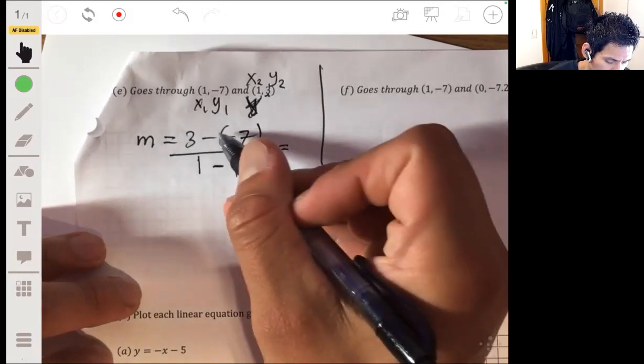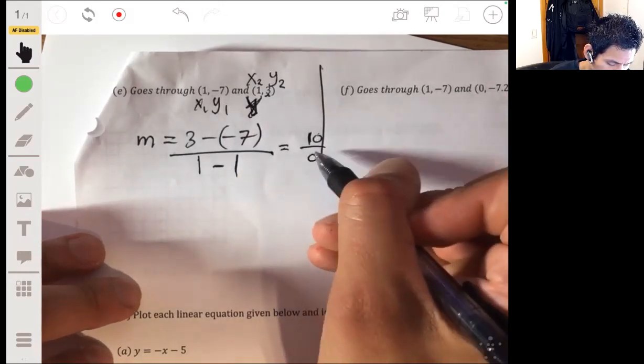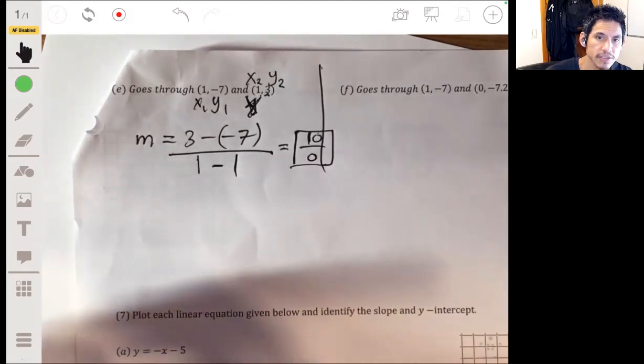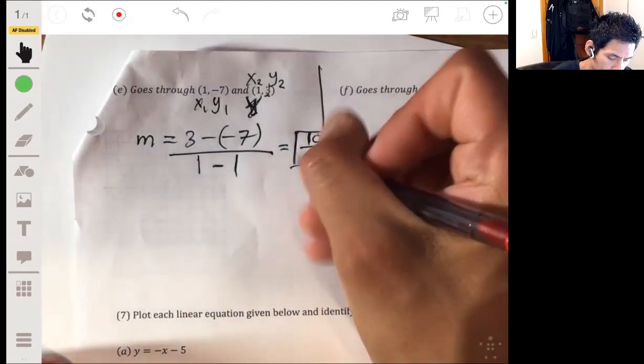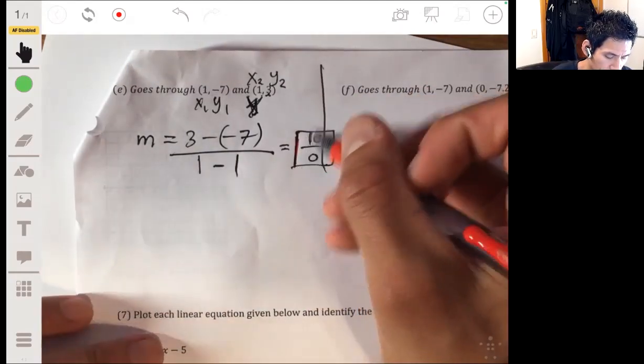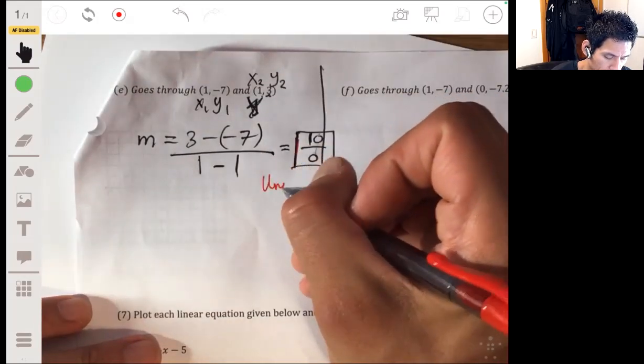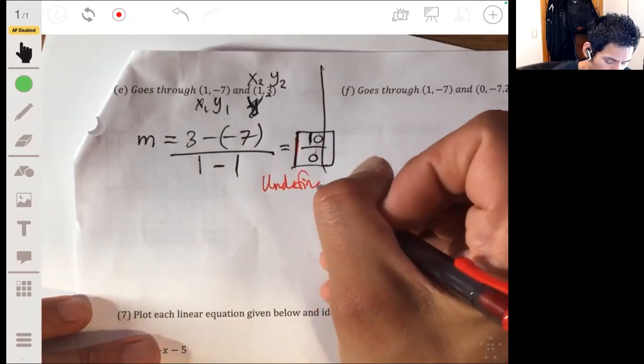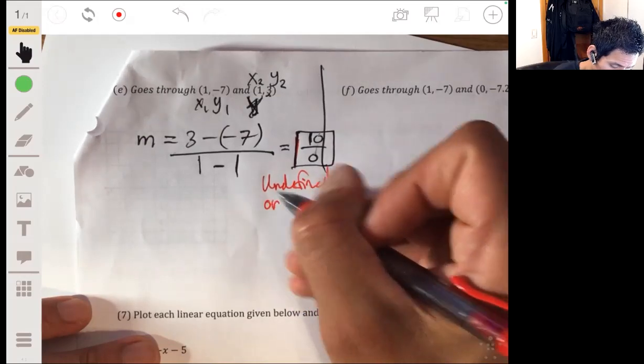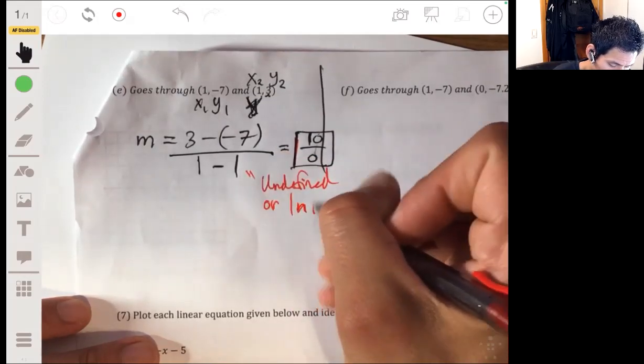So we'll have the slope of 10 over 0. You're like, what the hell is this? Is that making sense? This is an undefined slope or an infinite slope.